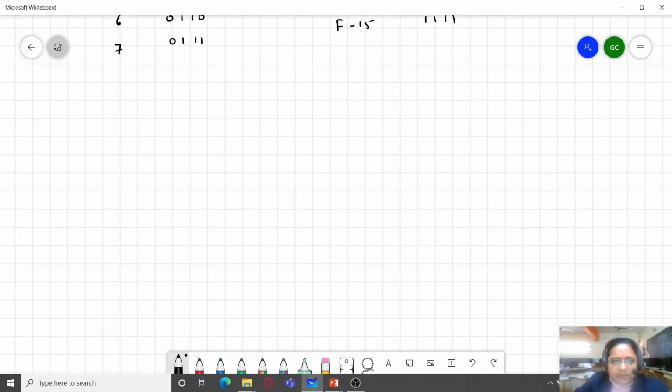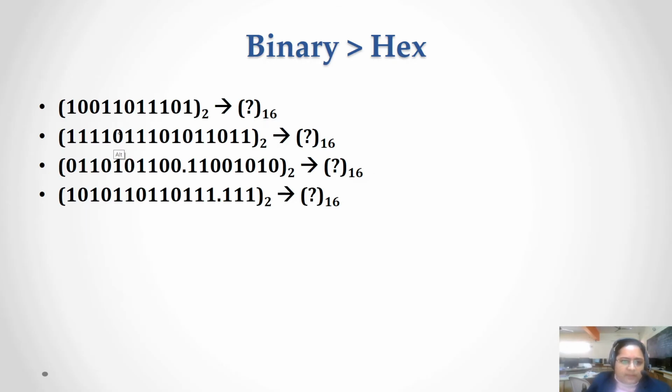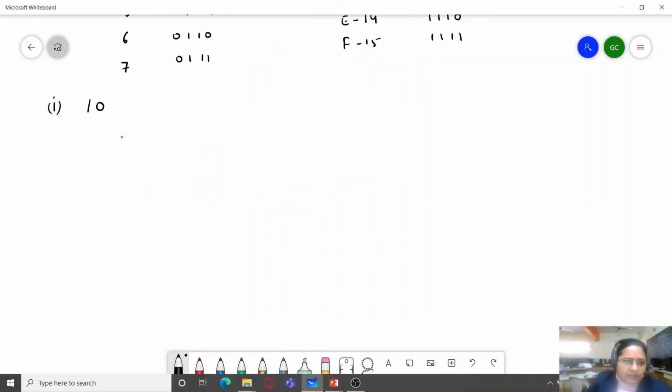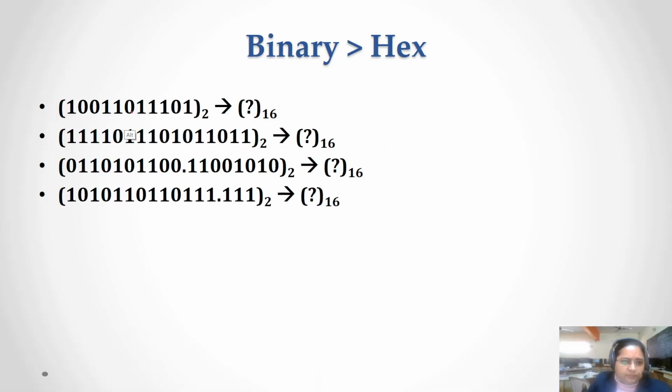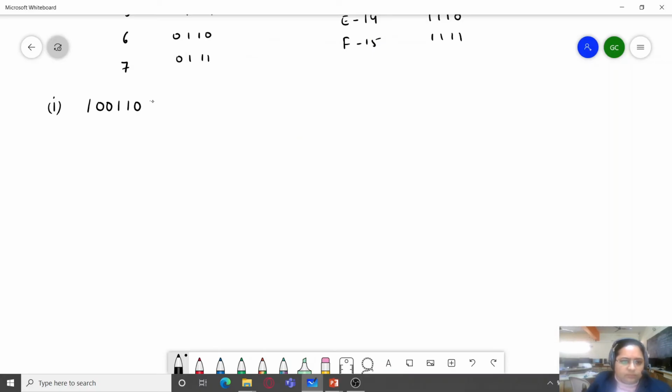So the method is the same. We will be making groups of 4 bits in this case. So let's start with the first example. So this is the number.